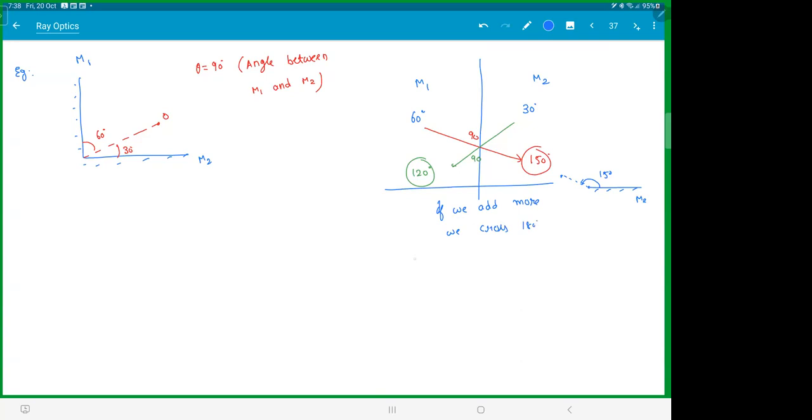So, the last two things will be 120 plus 150 plus 90. This is 360. That means the final images coincide. So this is how the diagram would look. M1, M2.